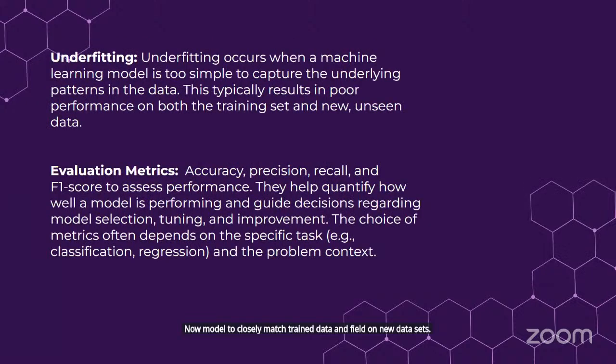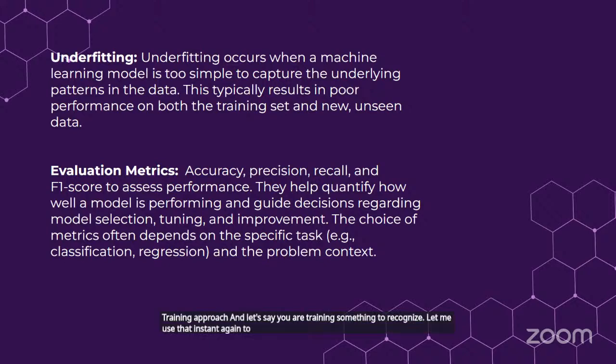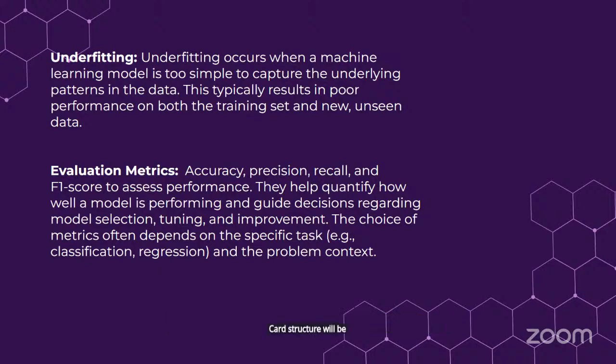So you have been using a certain set of training data, and let's say you are training something to recognize cats. It has been working. In this case, you are only feeding it small cats. Then all of a sudden you bring in something that looks like a bigger cat, a cougar, and it is unable to recognize it.